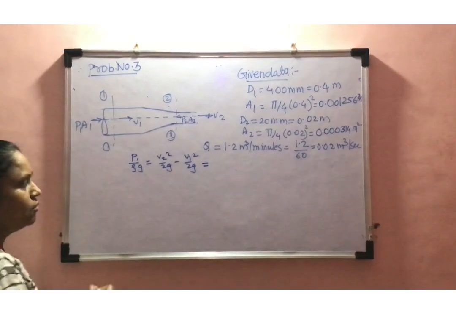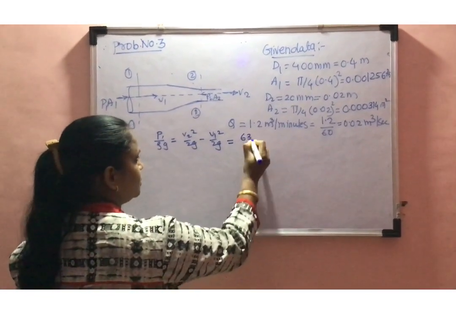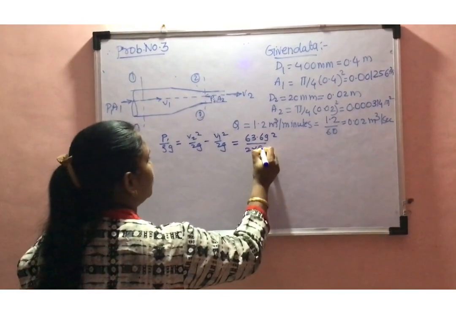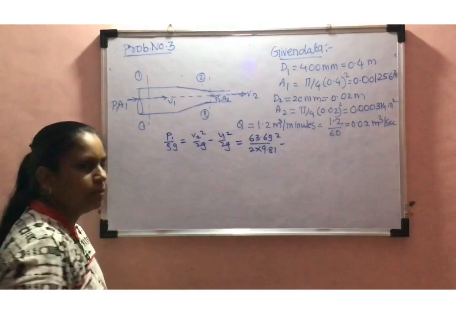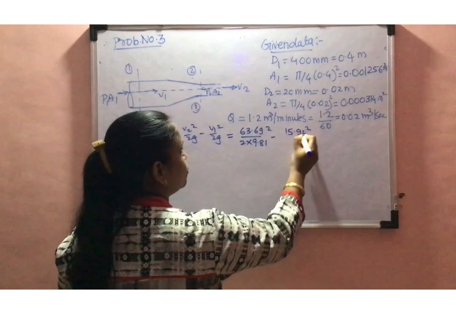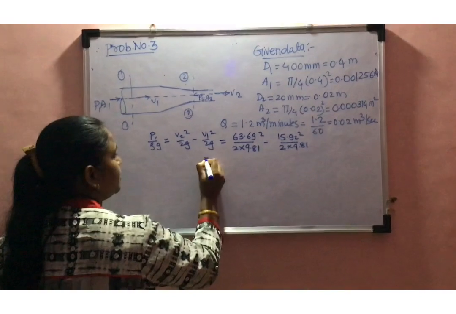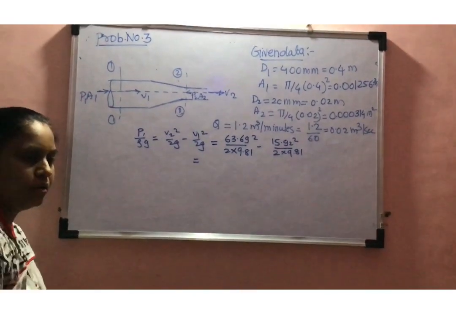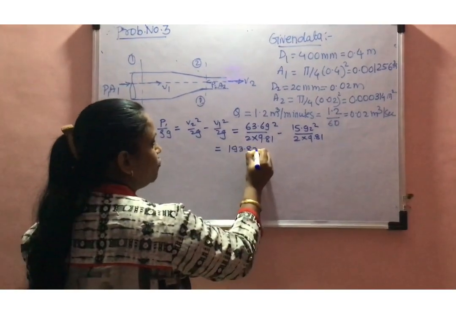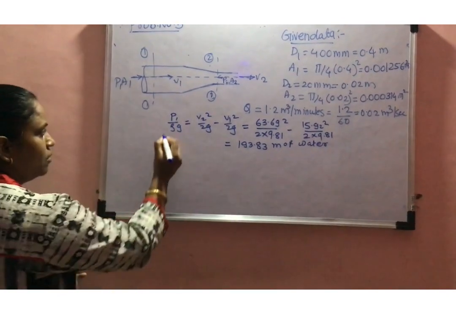The value of V2 is 63.69 square upon 2 into 9.81, minus V1, that is 15.92 square divided by 2 into 9.81. After calculating, here I got the value 193.83 meter of water. This is a pressure head.